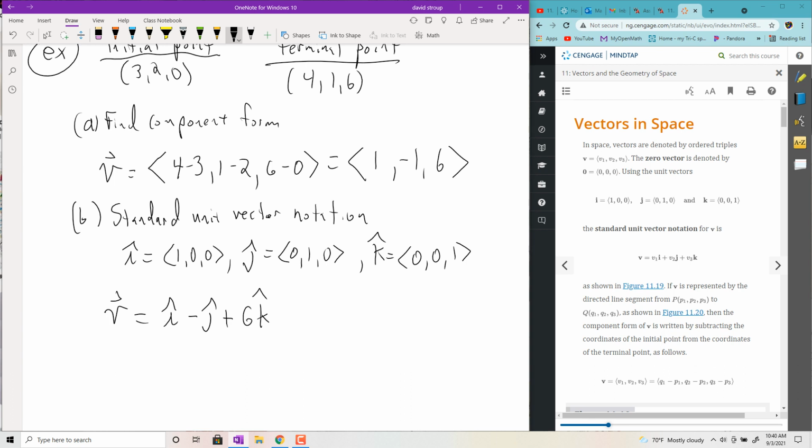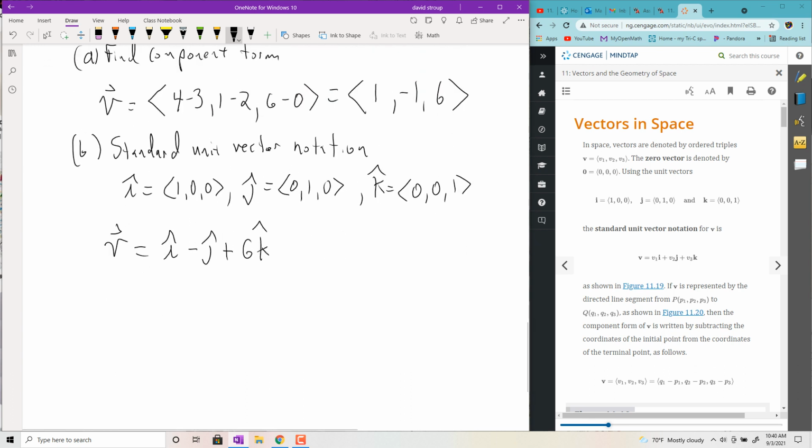No big deal. You'll also worry about getting the unit vector in this section as well. So the unit vector in the direction of v. Again, you're going to need the magnitude of the vector, which is the square root of the sum of the components squared.